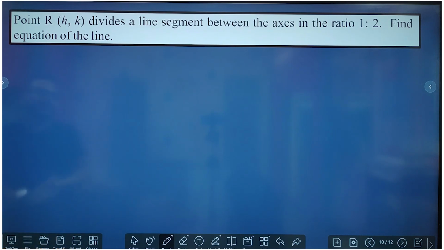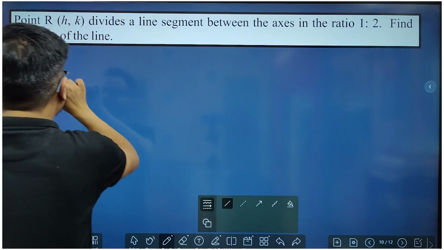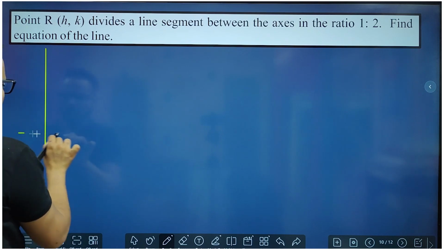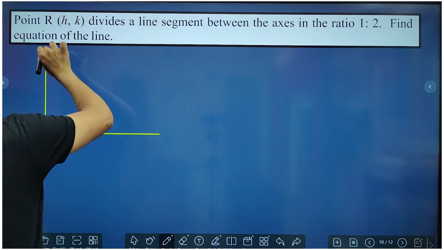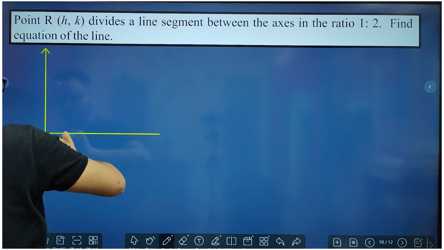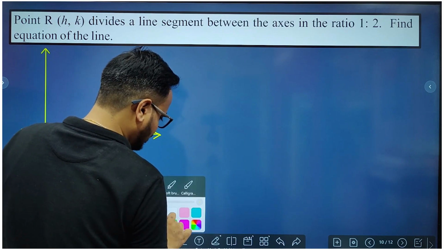Next question. Point (h, k) divides a line segment between the axes in the ratio 1:2. Find the equation of the line. This is the x and y axis, and there is a line.